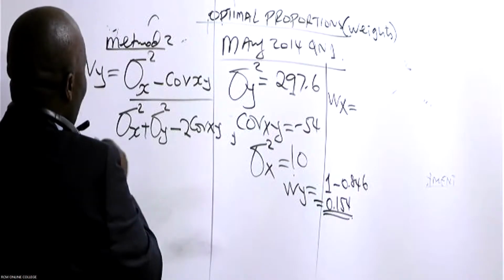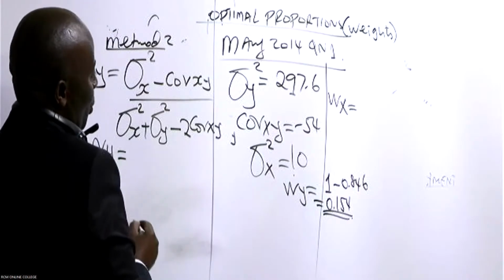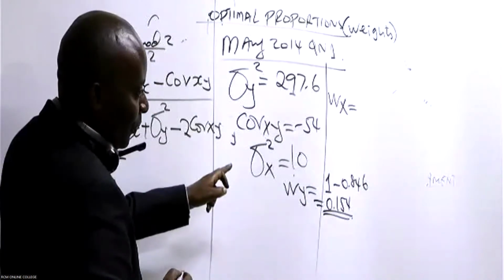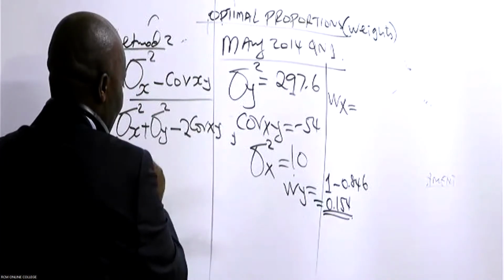So then wy will be equal to, please listen, are you able to see variance of x? It's given. It is 10, isn't it?